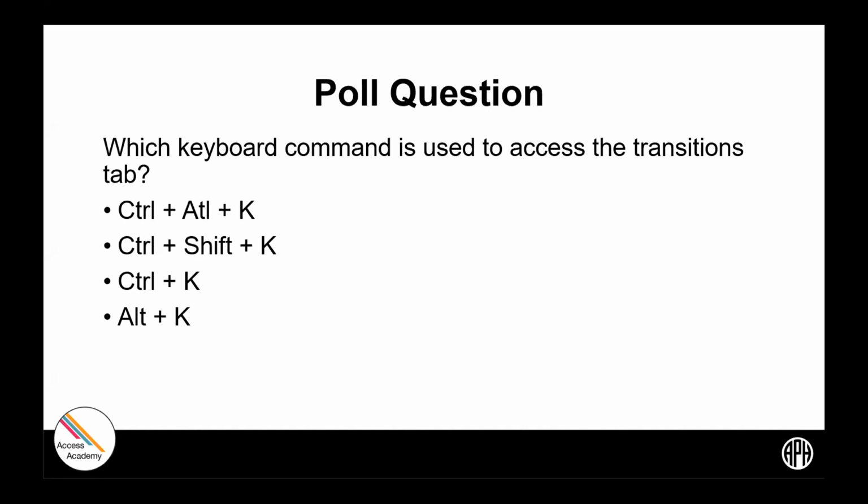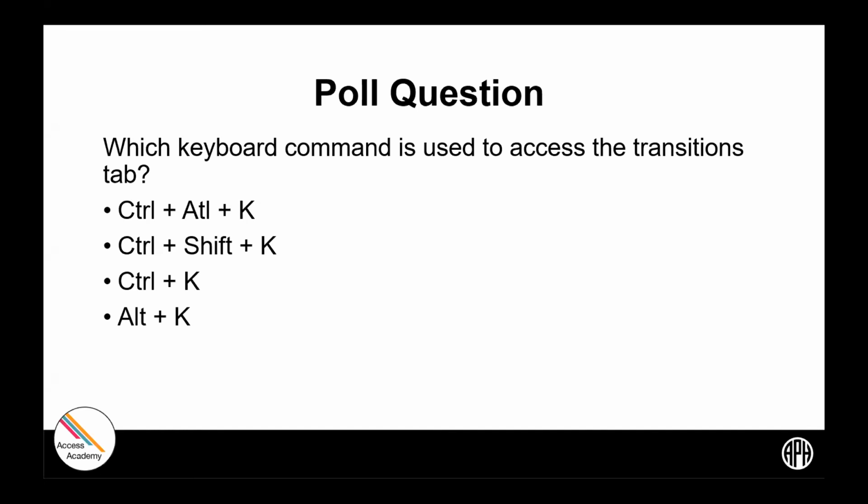Your choices are Control plus Alt plus K, Control plus Shift plus K, Control plus K, or Alt plus K. How do we get to that transitions tab?